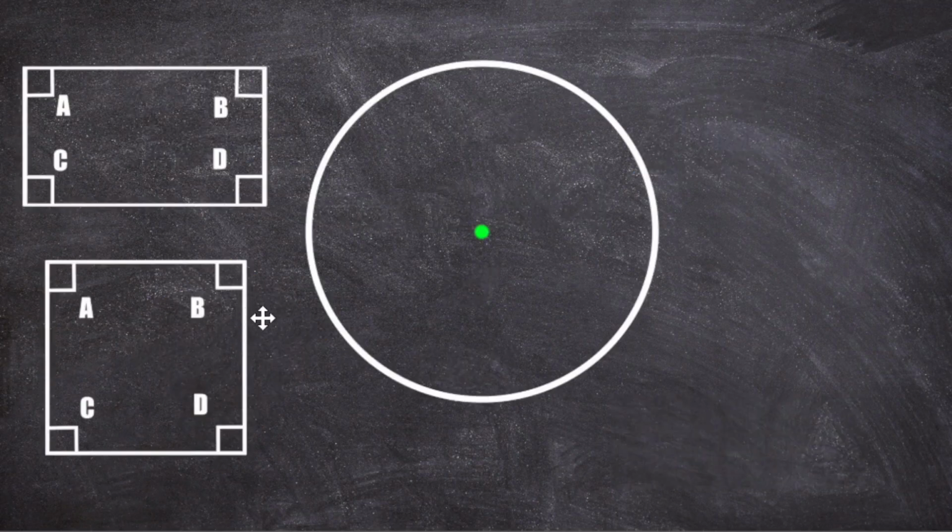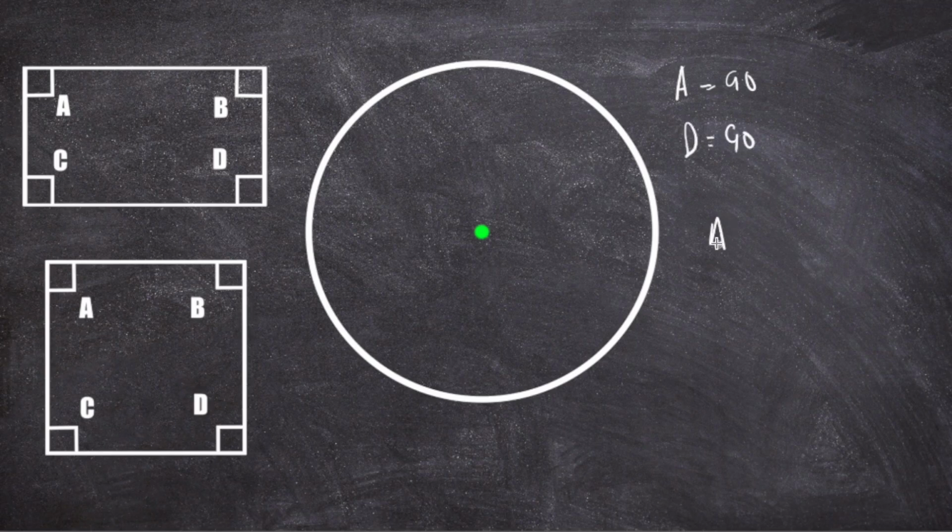Well, we can start off with the square and rectangle because essentially they have the same properties. Each of the angles in a rectangle is a right angle, and each of the angles in a square is a right angle, which is 90 degrees. So if you add any two angles in a rectangle or a square, let's say we're choosing A and D, your first angle A equals 90, and your second angle D equals 90.